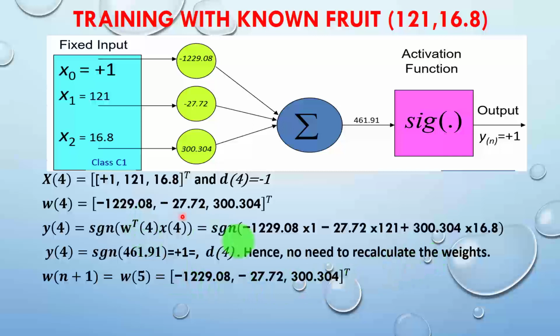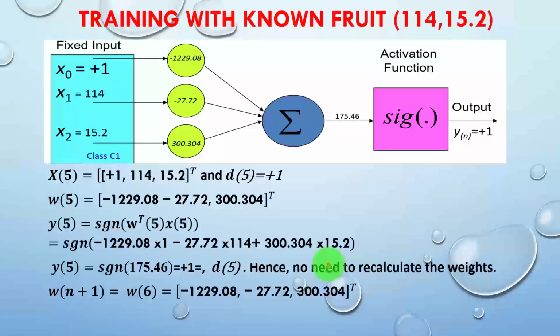So we take the same weights and we try some other fruit. We'll try this fruit, 114 and 15.1, which is in class C1, and D5 is positive. So we plug in the values and we find this signum, which is positive.